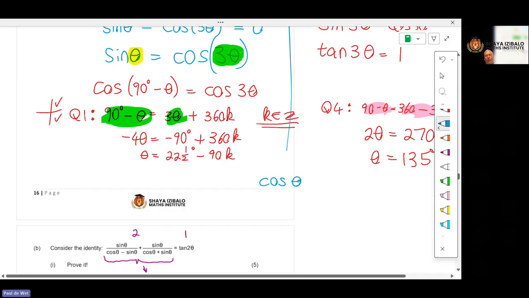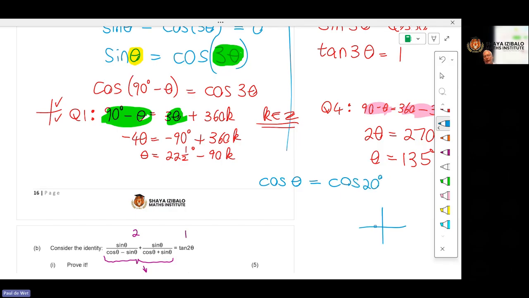If we've got something like cos theta equals cos 20, I want you to think of this diagram. The obvious answer here is theta is 20. Anybody can see that, and we can add 360. But there's another angle where we get the same answer for cos 20, in quadrant 4, and that angle will be 360 minus 20.